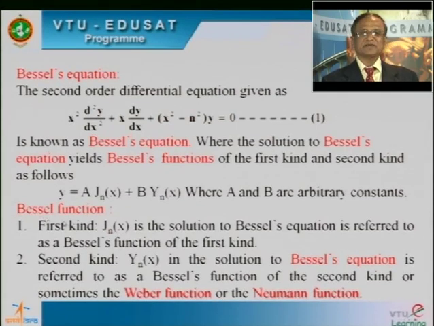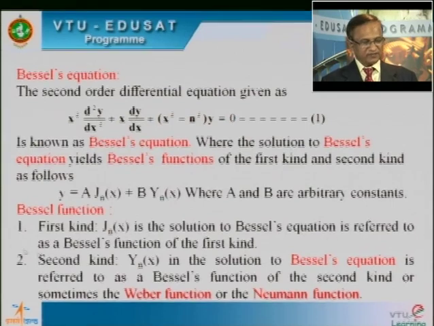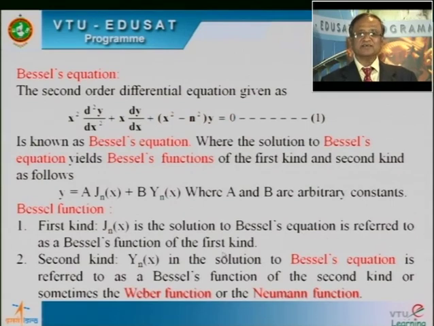So Bessel function means first kind. So Jn(x) is the solution to Bessel's equation, referred as Bessel's function of the first kind. It means the coefficient of a is called Bessel's function of the first kind, and similarly this we call it a Bessel's function of the second kind, or sometimes we may call it a Weber function or Neumann function. Is it clear, right?